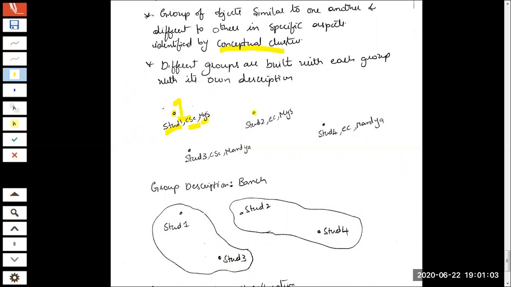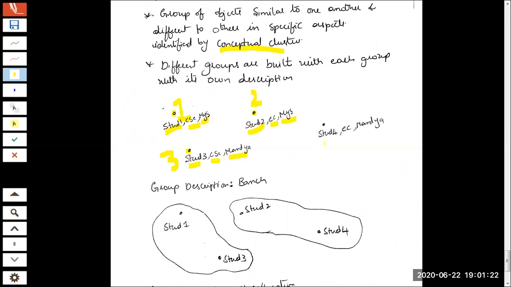The second data point is student 2 from EC branch. He is also from Mysore. The third data point is student 3 from CSE branch, but please see his location, he is from Mandya.